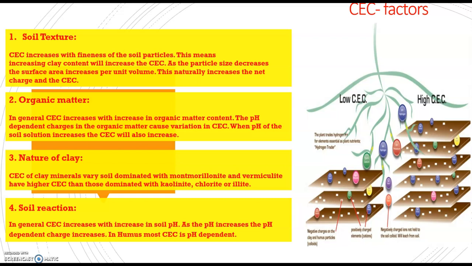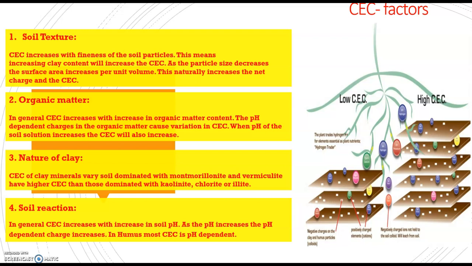So we talk about mineral soil because we have a lot of mineral soils compared to organic. What happens? We take two samples of soil from plot A and plot B. Plot A contains a lot of clay, plot B contains less clay. Less clay means less CEC.